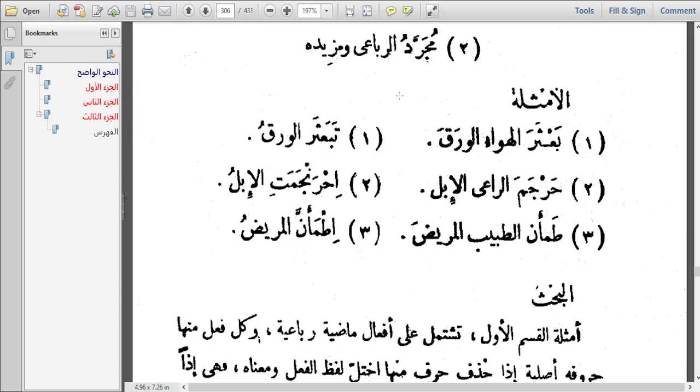That is too much. But when you come to the mujarrad ruba'i, the meters that you have are just a few. Let me take you through it systematically.